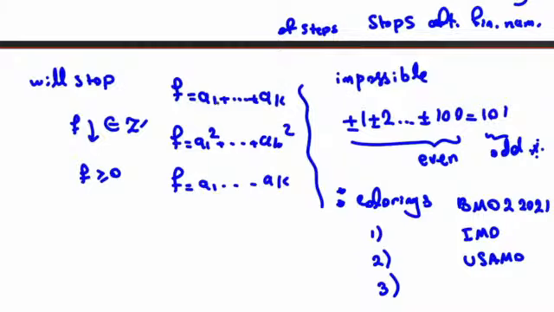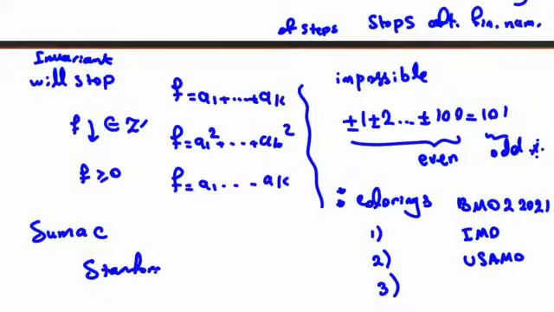Okay, if you want to learn invariant, that is so much useful in SUMAC. SUMAC is Stanford summer camp in mathematics. There are lots of problems related to invariance, more than half of the problems.